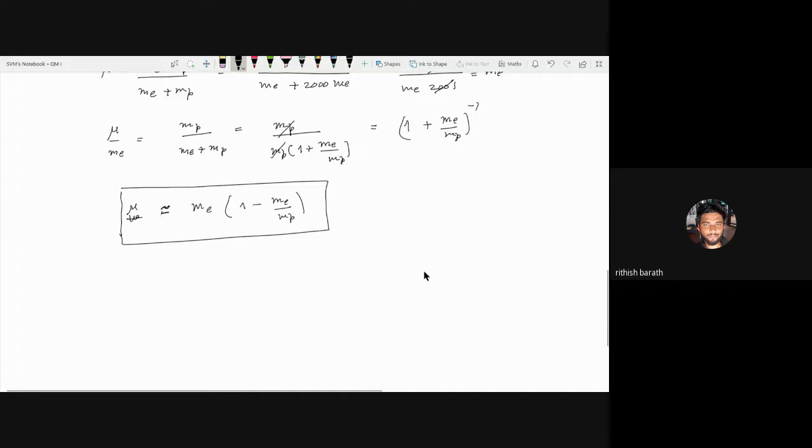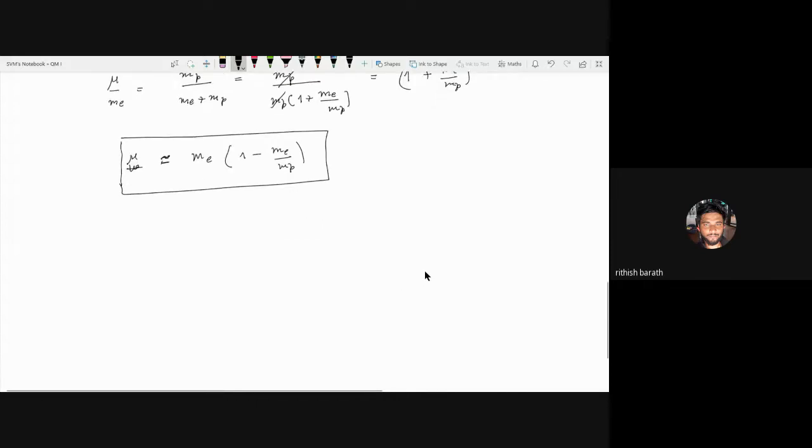So if this is the correct expression, then for mu hydrogen, I have me into 1 minus me by mp, correct? And for mu deuterium, I have me into 1 minus me by 2mp. This is also approximate because I have neglected all the higher order terms, assuming the masses of proton and neutron are the same.